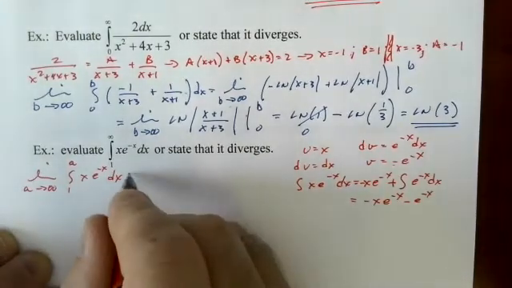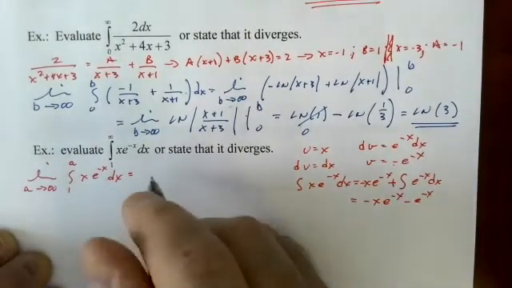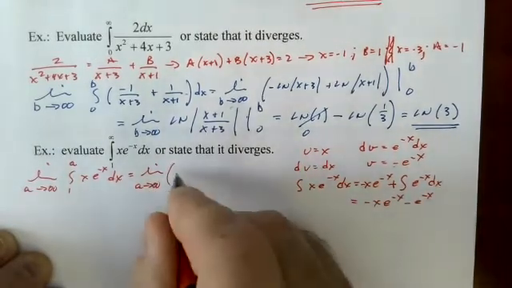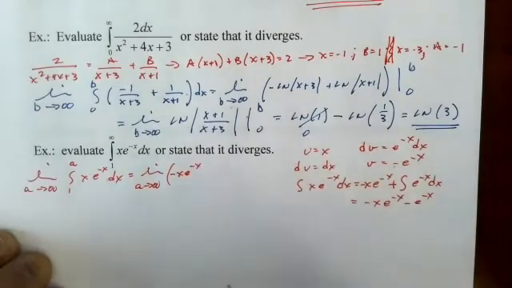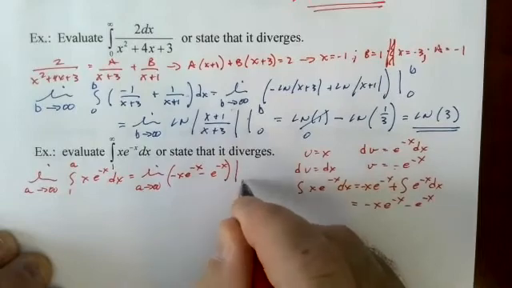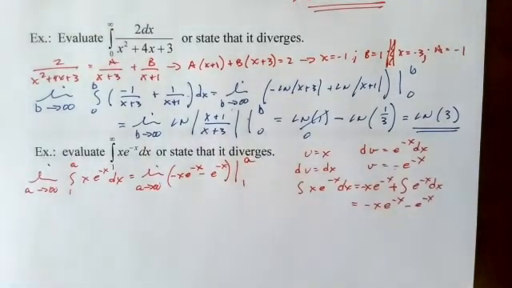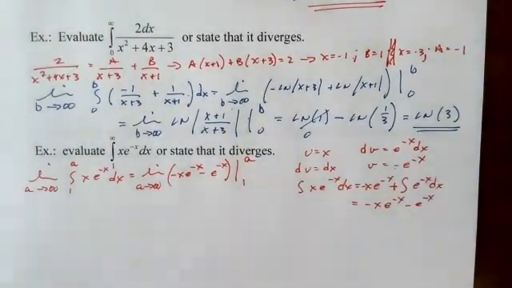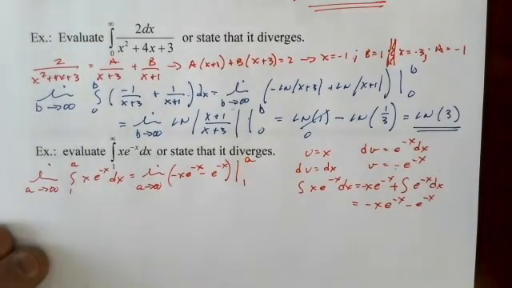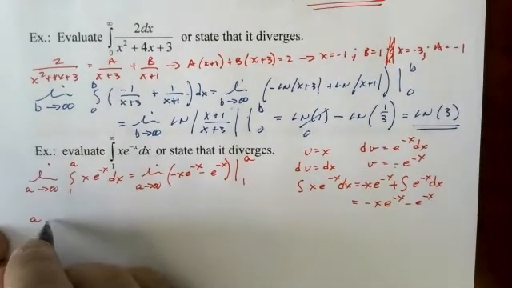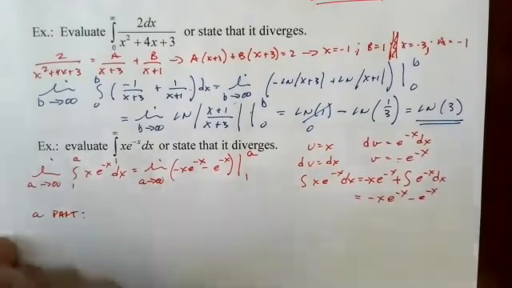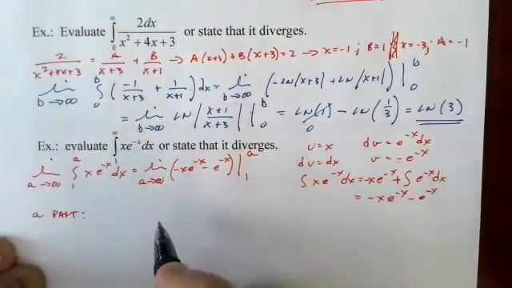All right. Equals limit a approaches infinity of negative x e to the negative x minus e to the negative x from 1 to a. Let's do the a part. Let's do it in blue.